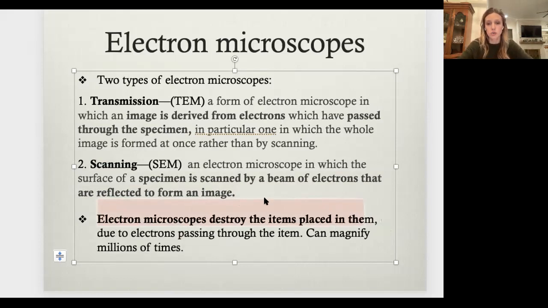So electron microscopes destroy the items placed in them. That's why we can magnify them a million times, because we can zoom in on the dead specimen and the image over and over again, but we can't reuse that living sample.